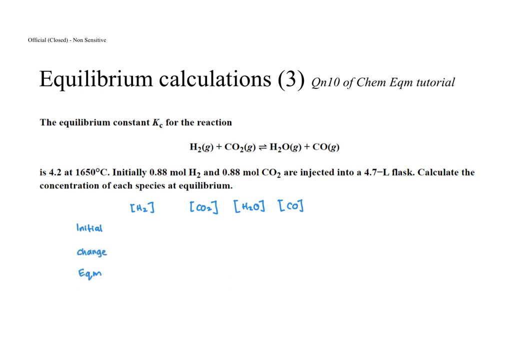We are given the information that there is 0.88 moles of hydrogen and 0.88 moles of carbon dioxide initially, and we are also given the volume of the flask, which is 4.7 liters. So let's calculate the initial concentration of H2 and CO2.